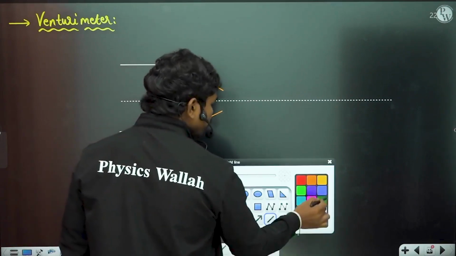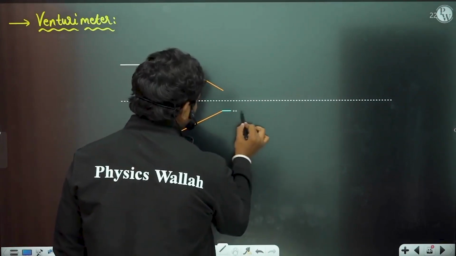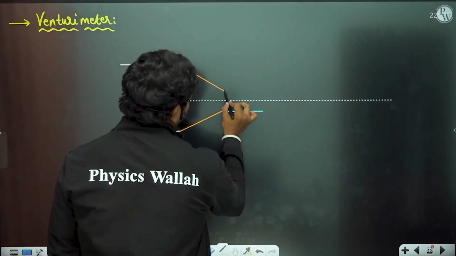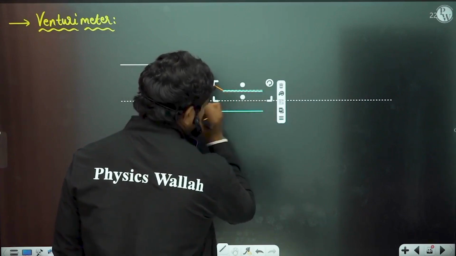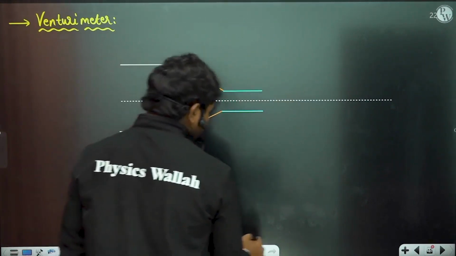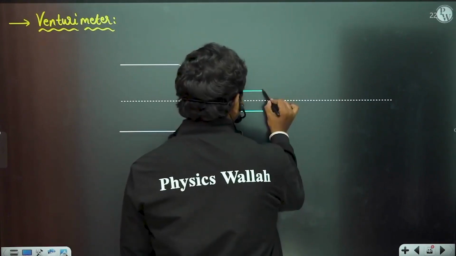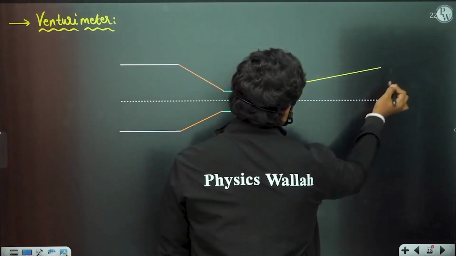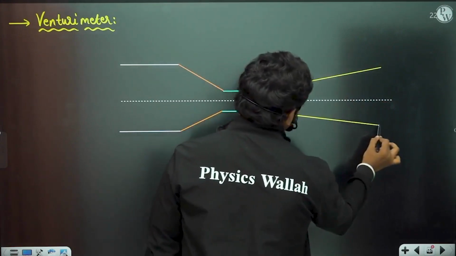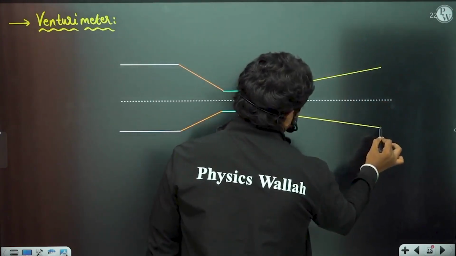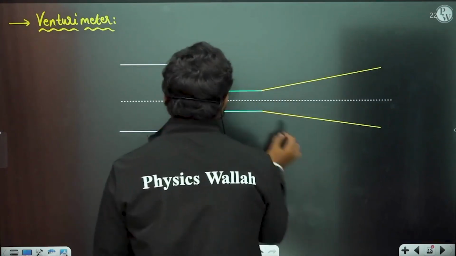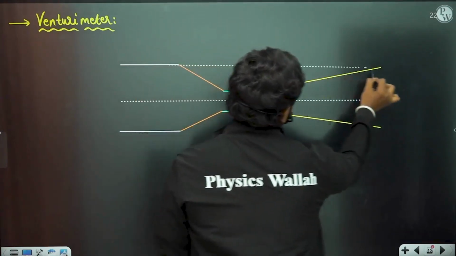Then you have a uniform section again, like this, and then you have a diverging section.